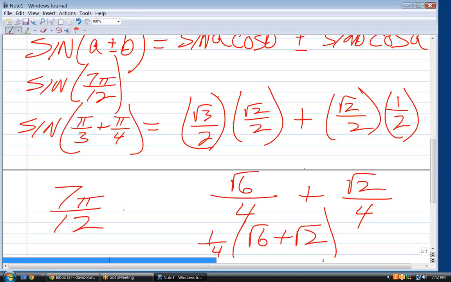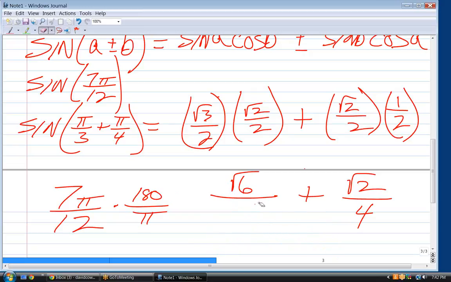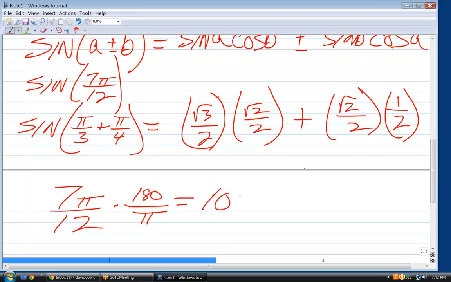If we convert that to degrees, we're going to multiply it by 180 over pi. That's 105 degrees, right? 12 goes into 180 15 times. 15 times 7 is 105 degrees.